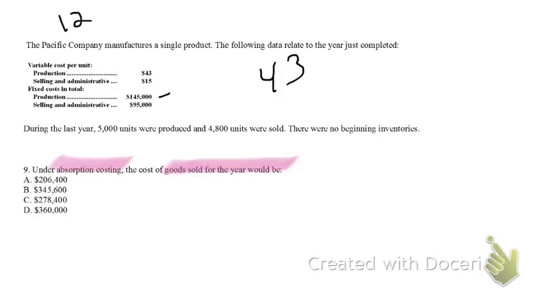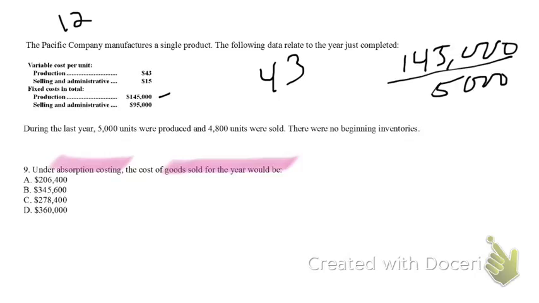My fixed costs are 145 grand, and I produced 5,000 units. So my per unit fixed cost is 145,000 divided by 5,000, and that's $29.